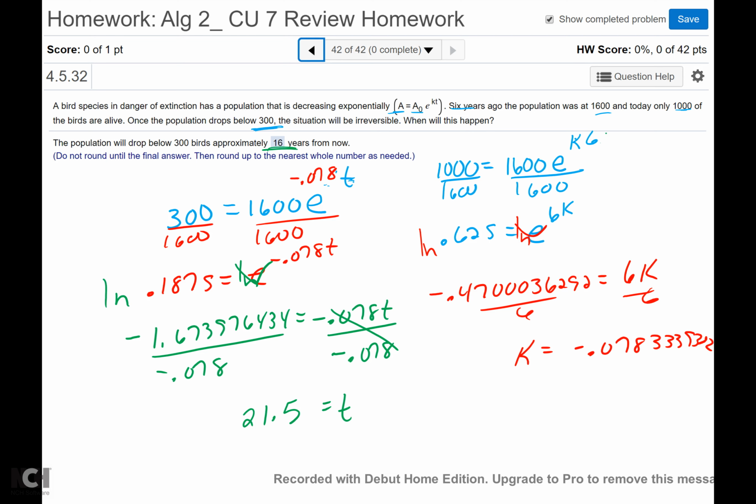Alright, so if I do ln of... give me a second, so sorry, trying to figure out where I screwed up here. 300 divided by 1,600, 0.1875, divided by negative 0.078339382.